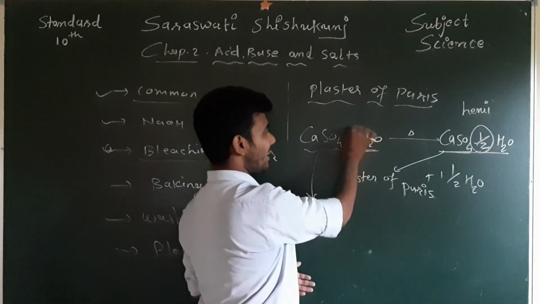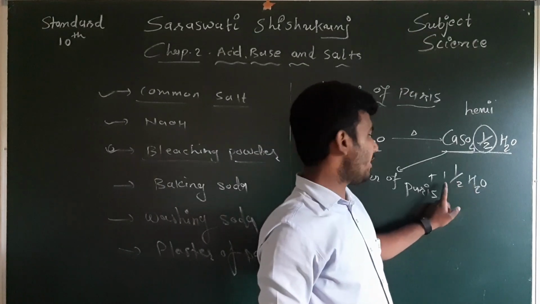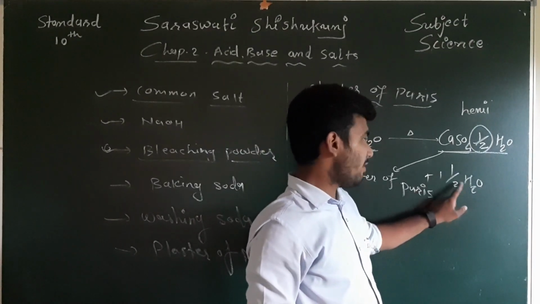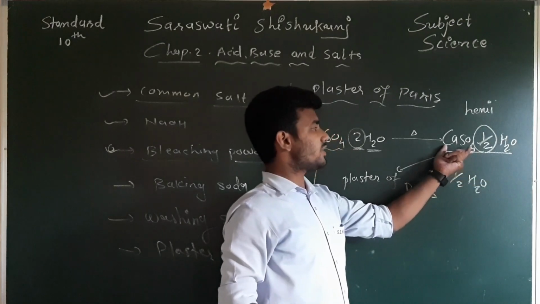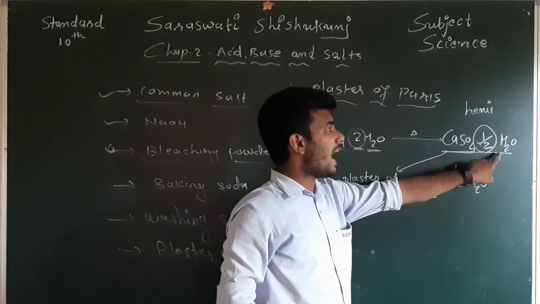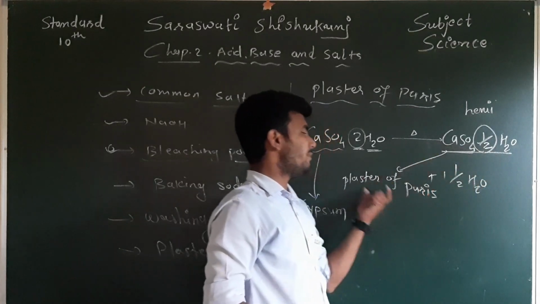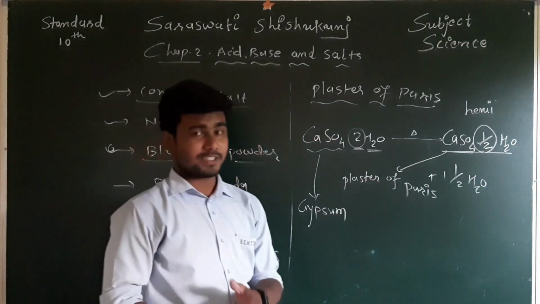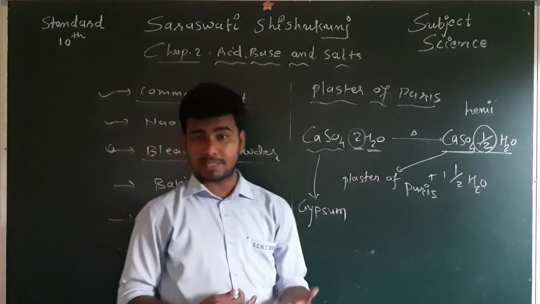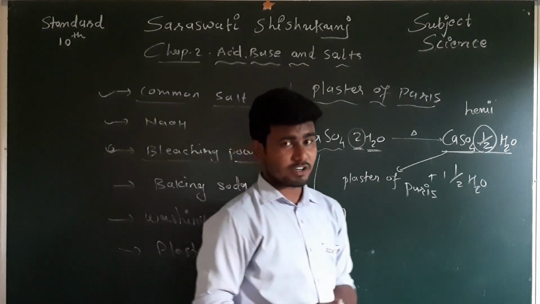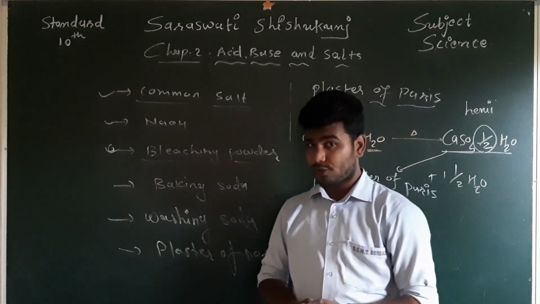When 1.5 H2O is removed from the dihydrate of gypsum, we will get calcium sulfate hemihydrate. Half H2O is there, so that is called hemihydrate, and that will be considered plaster of Paris. So the chemical formula of plaster of Paris and of gypsum can be asked to you. Uses and preparation of plaster of Paris are also important questions.